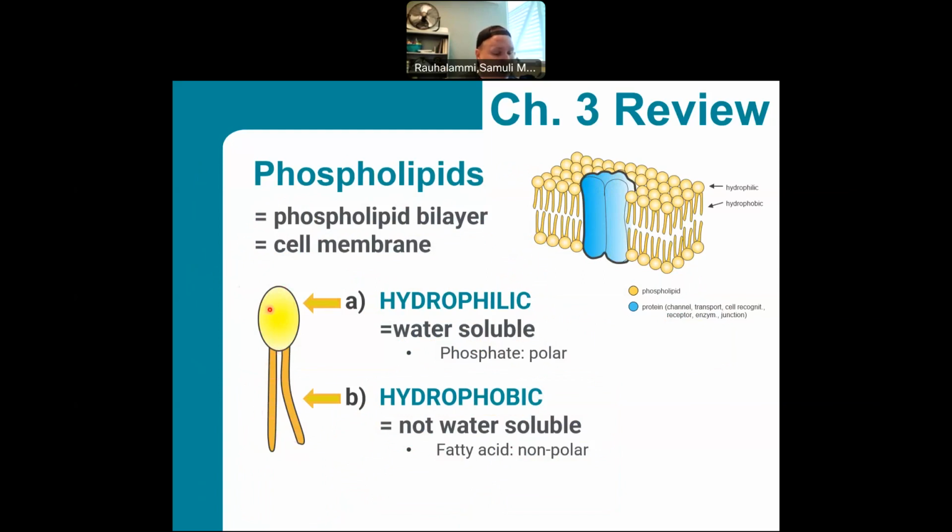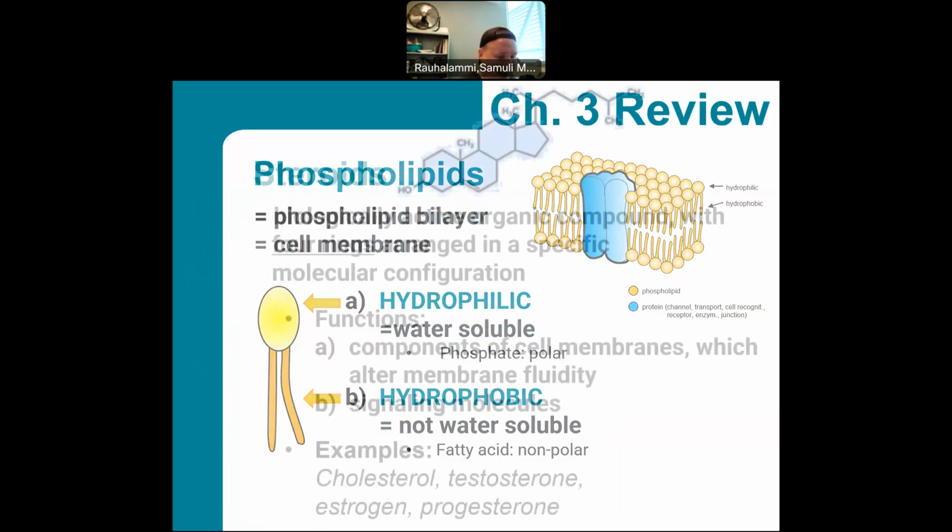And when we take a bunch of phospholipids and let them be together in a liquid, they will spontaneously organize themselves into structures such as cell membranes. Cell membranes or plasma membranes are found surrounding cells. We often describe cell membranes as phospholipid bilayers because there are two layers of phospholipids tightly packed next to each other that form the cell's membrane.